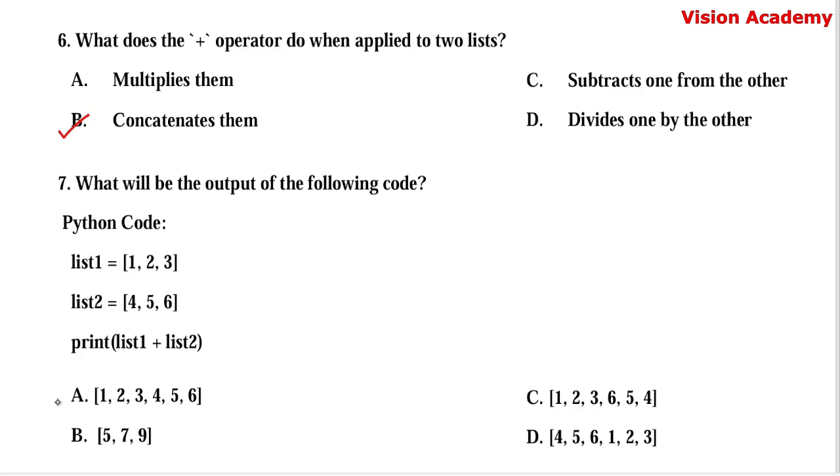Here option A is the right answer because we have used the plus operator, which acts as concatenation of these two lists together. The first list consists of 1, 2, 3 and the second list consists of 4, 5, 6. So 4, 5, 6 will be joined at the end of 1, 2, 3. Hence option A is the right answer.